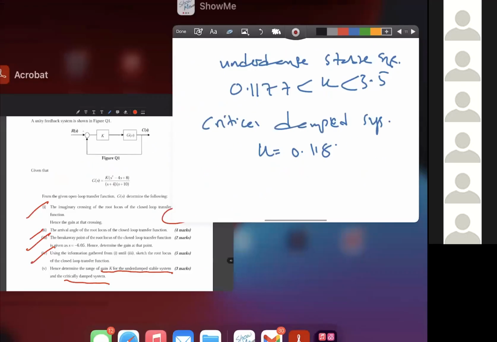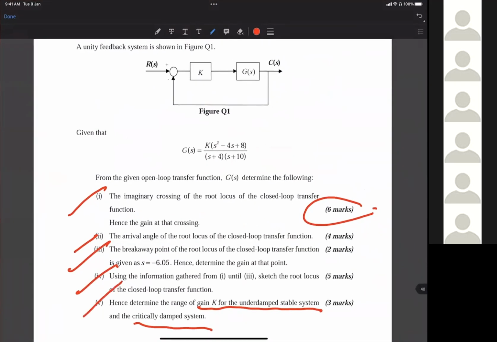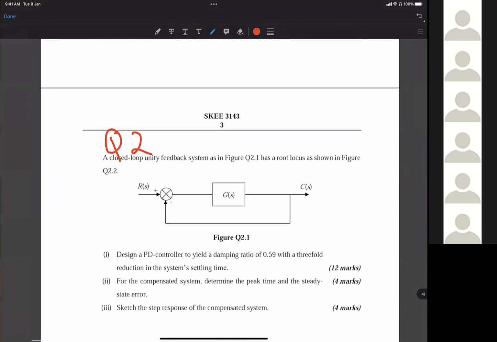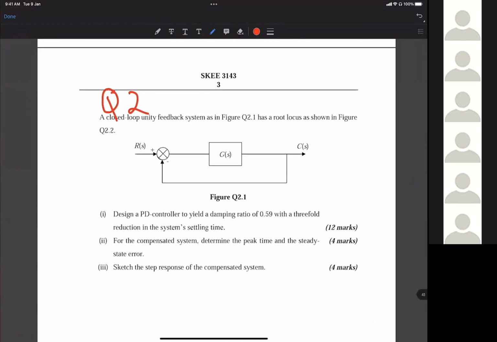Okay, so we move to the next question. Nurul Atika, read it. A closed loop unity feedback system, as in figure Q2.1, has a root locus as shown in figure Q2.2.